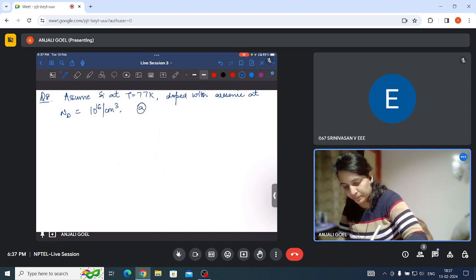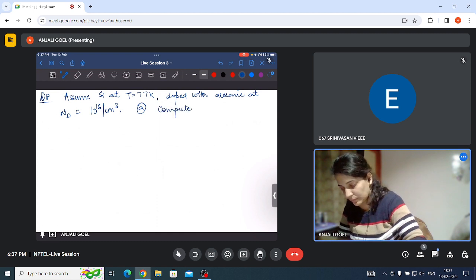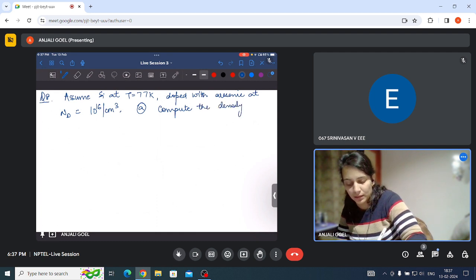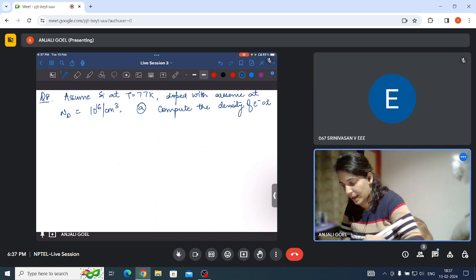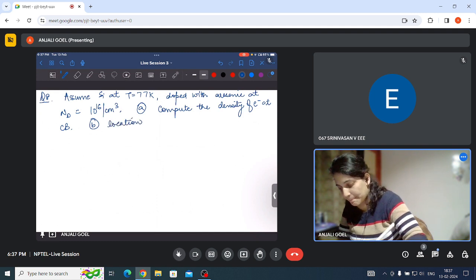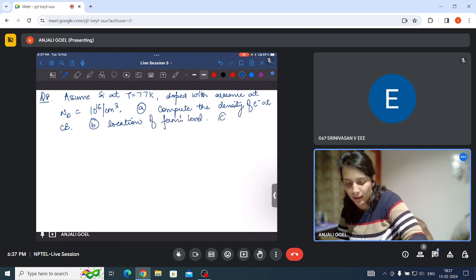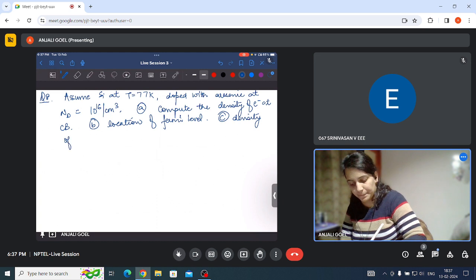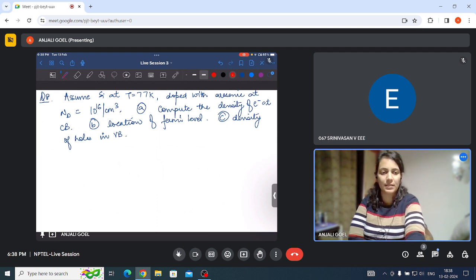So you have to again compute the density of electrons at conduction band, location of Fermi level, and density of holes in valence band. So I'll give you 5 minutes.